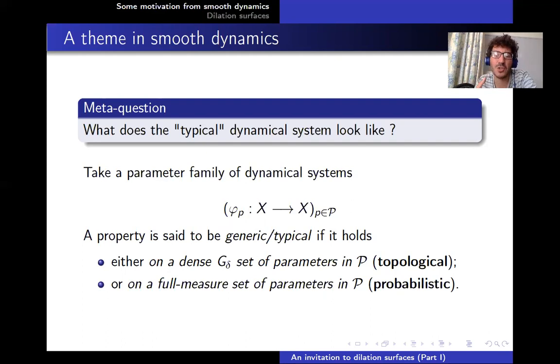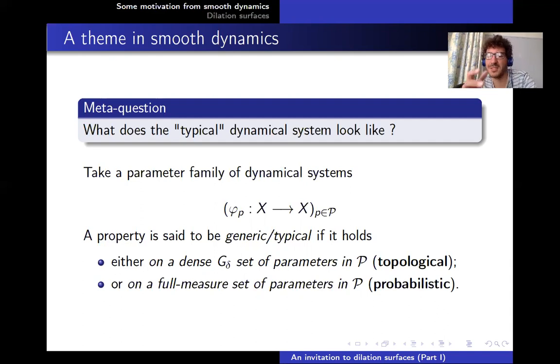People say that you're topologically generic if a property, for instance, the dynamical system is chaotic, whatever that means, or minimal, or has a periodic orbit, holds for a G delta dense set of parameters in P. And say it's probabilistically or measure theoretically generic if it holds for a full measure set of parameters in P with respect to a natural measure.